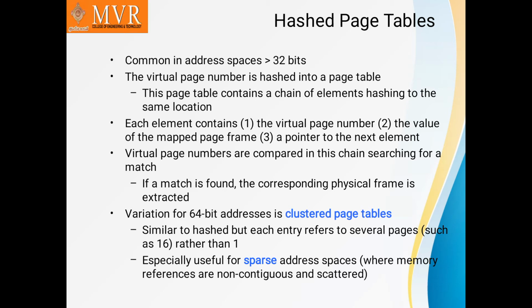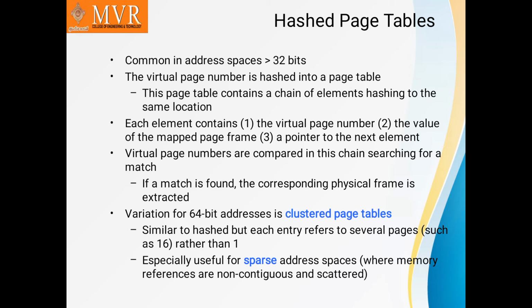The virtual page number is hashed into the page table, and each element contains the virtual page number, the value of the mapped page frame, and a pointer to the next element. So each and every element consists of three fields: first the virtual page number, second the value of the mapped page frame, and third a pointer to the next element.